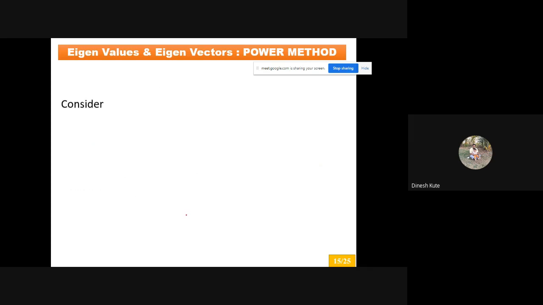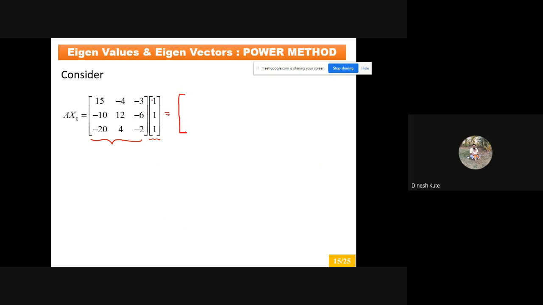So your first iteration is A x naught, so the A matrix with this vector. Yes, can you tell me this? If you want, you can directly perform this calculation manually also. The calculation part is totally depend on you. Manually, how you take this product: first row with first column, that is 15 into 1, then minus 4 into 1, then minus 3 into 1.